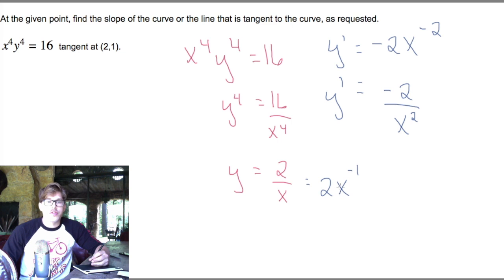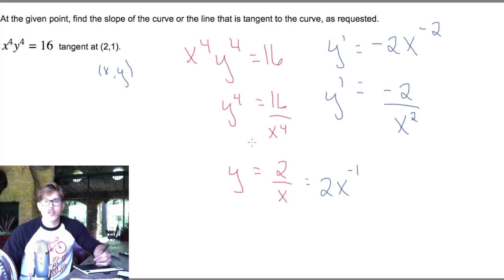So what is the slope at this point 2, 1? Well, the derivative gives us a function for the values of slope. So if we plug in 2, because 2, 1, this is our x value, our y value.